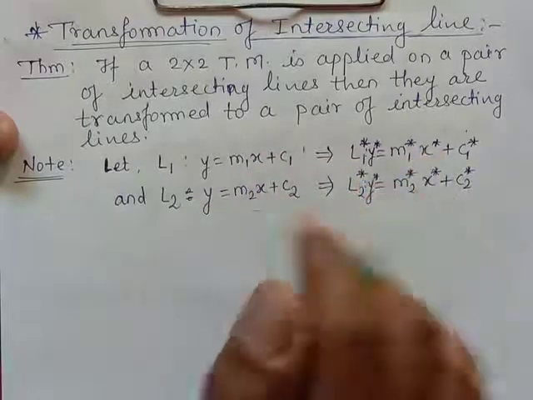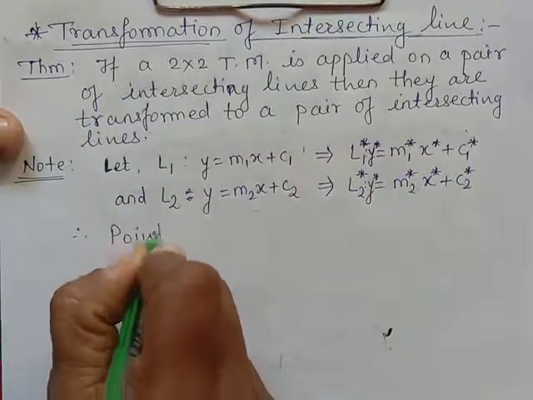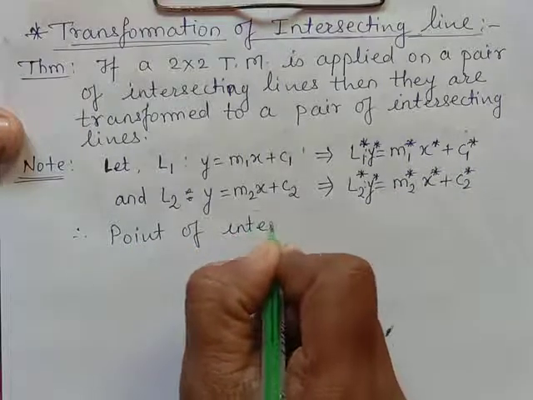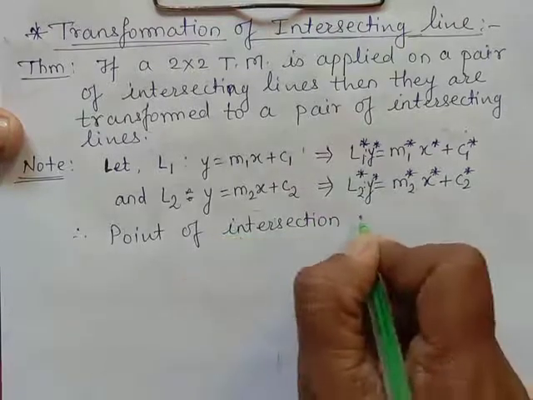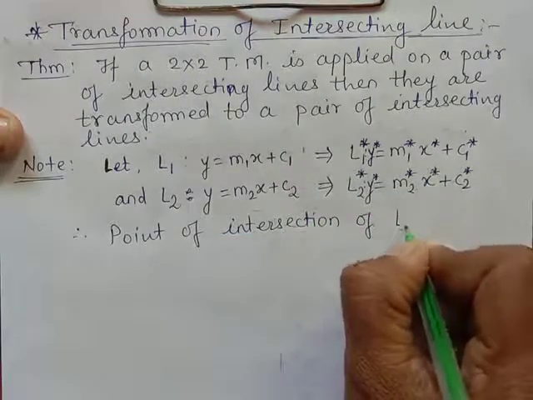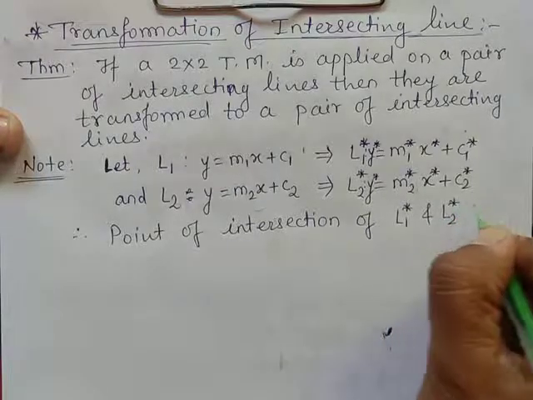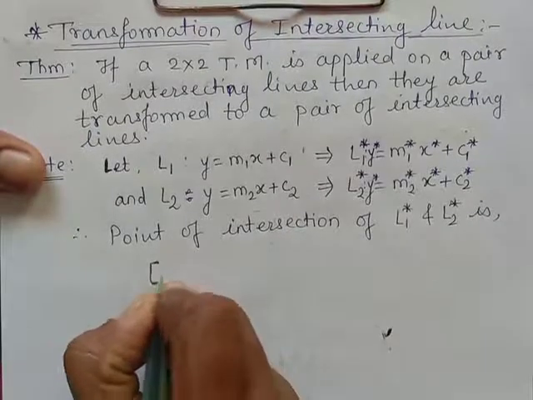Therefore the point of intersection of L1 star and L2 star is, it is x star.